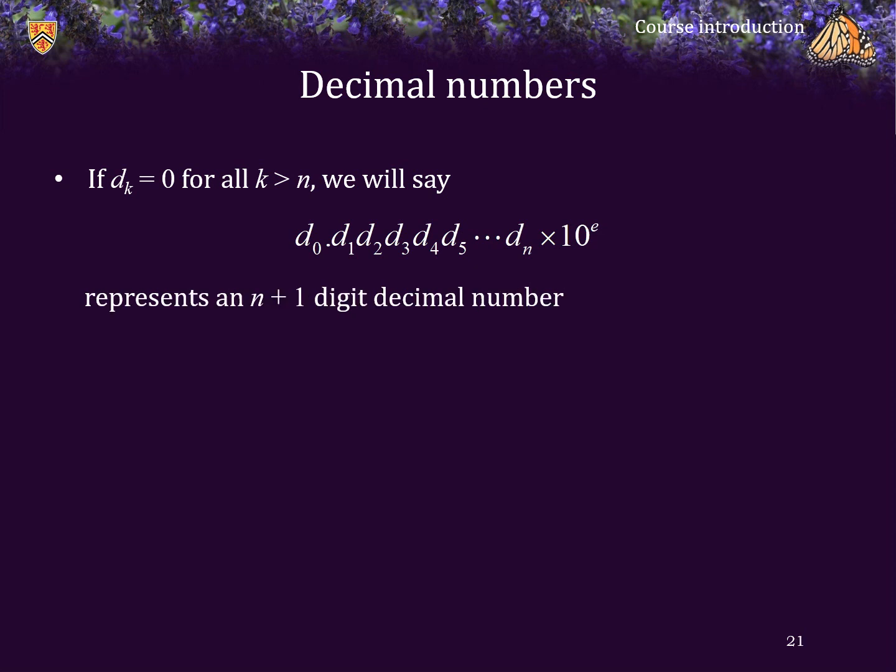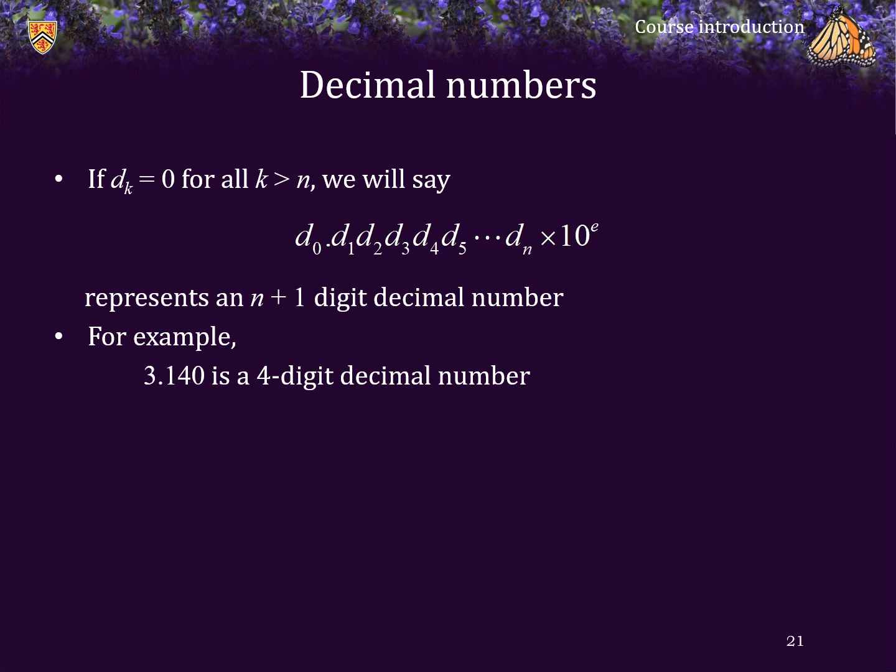Now, if every digit beyond the nth digit in the mantissa is 0, then we will say that this represents an n plus 1 digit decimal number.